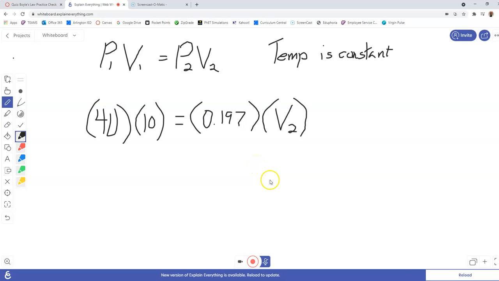All right. To simplify this, we have to isolate the variable, just like algebra. So 40 times 10 gives us 400. 400 equals 0.197 times V2.